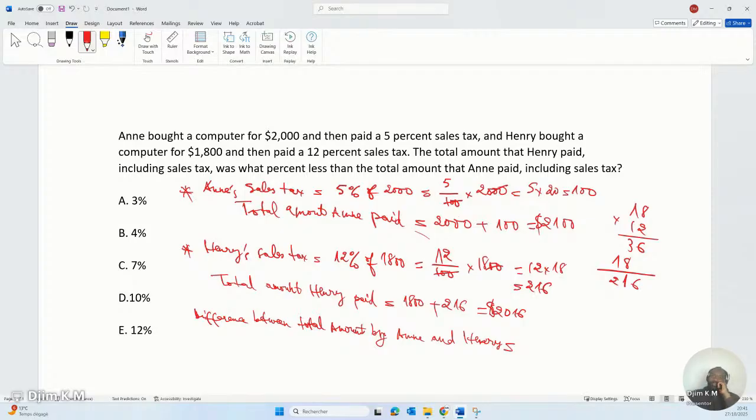That would be 2,100 minus 2,016, and this will be 84.